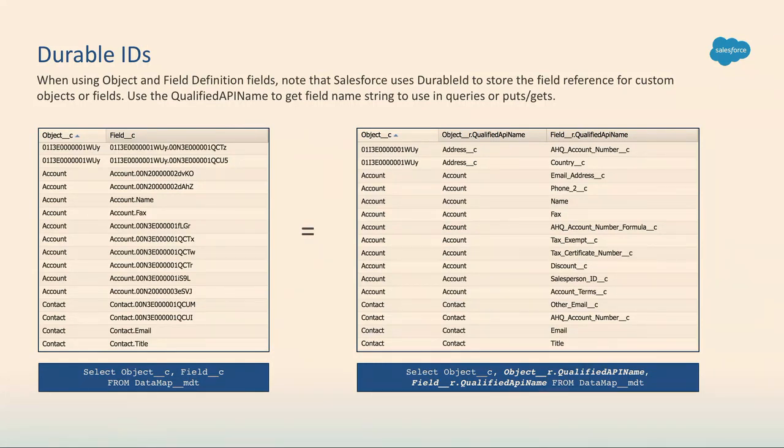But when you are referencing custom fields or custom objects, it actually stores the durable ID. So as we go through this implementation, make sure that you are traversing those definition fields and getting the actual qualified API name instead of just the field itself, because sometimes it'll be a standard developer name or it'll be a custom durable ID.